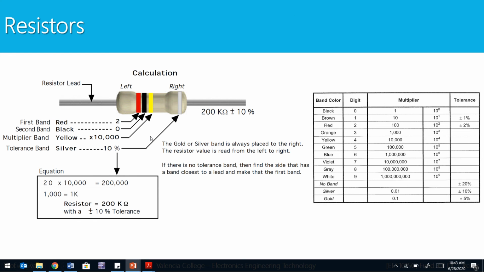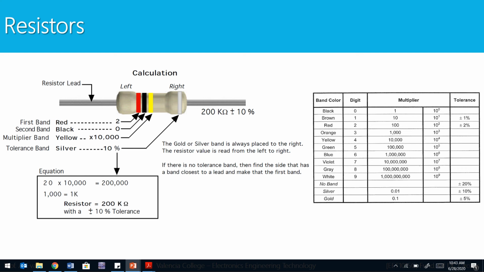Next, we're going to look at the final band all the way on the right. Notice there's a great deal of distance between the first 3 and this right band. That's your tolerance band. That explains the tolerance for this resistor, which basically means that in a perfect and ideal world, if you were to measure the resistance of this resistor, it would be 200 kiloohms. In reality, you might get plus or minus 10% of that. That's your tolerance.